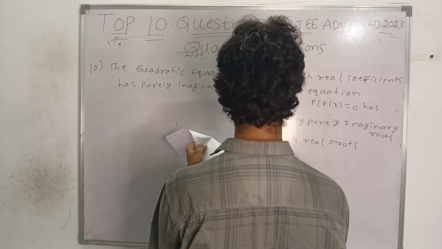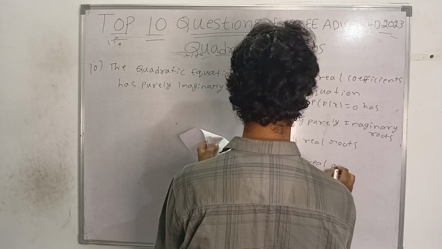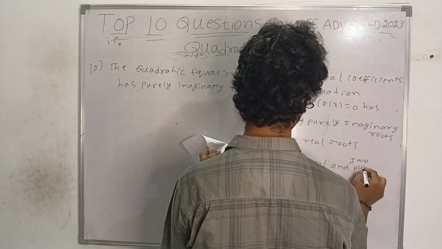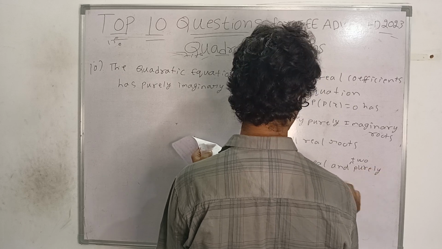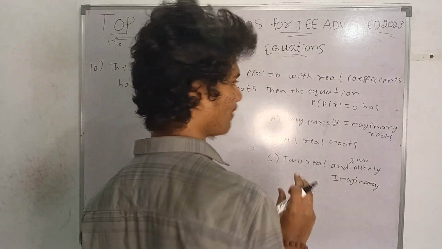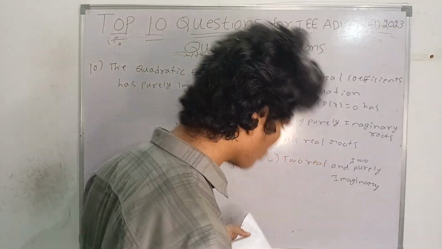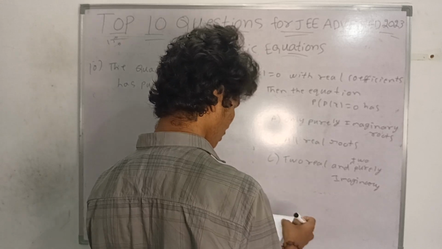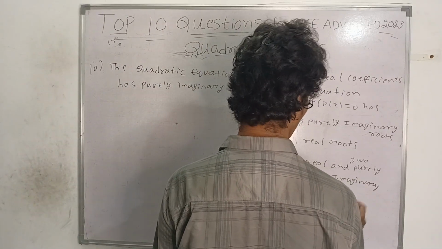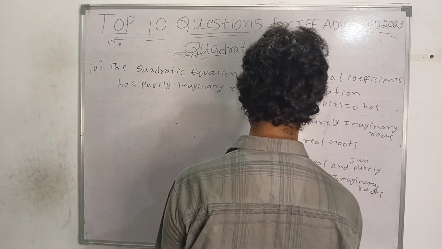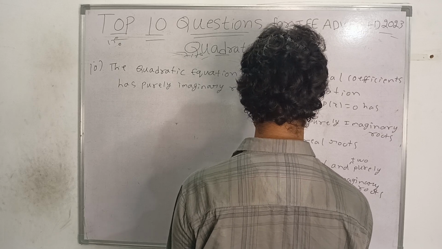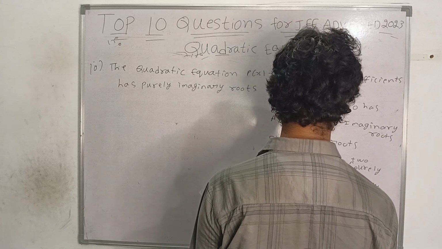Option C, 2 real and 2 purely imaginary. You can skip the writing part, guys. The time for you will be saved. It takes time for me to write. Option C is purely imaginary roots. Option D is neither real nor purely imaginary.